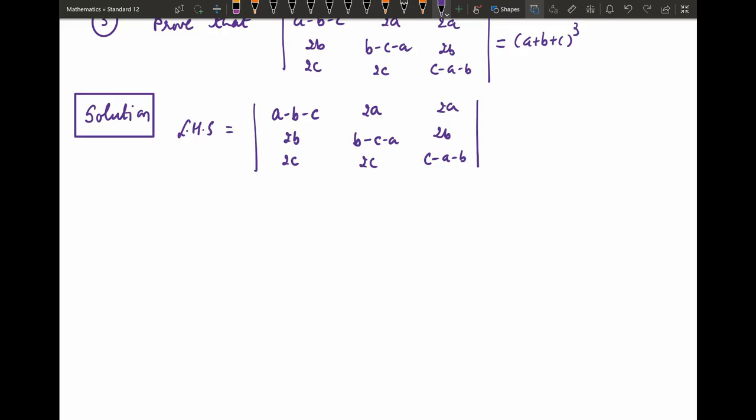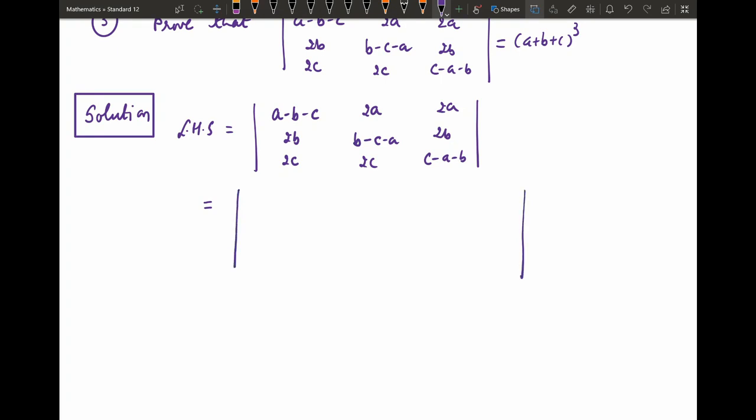Now you focus on two things. First one, entries of the determinant, and next right hand side. So first you can observe, if we multiply this by minus 1, then 2c minus 2c will be 0, and from first column we can take a plus b plus c common.